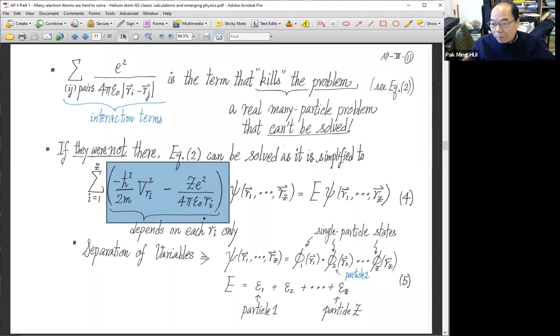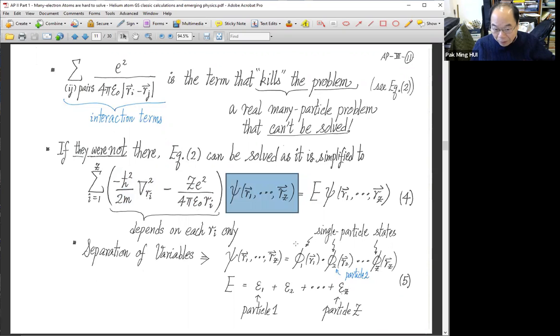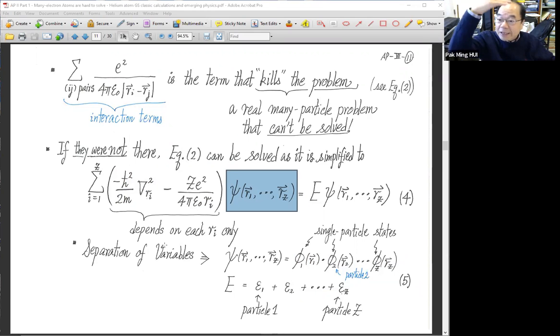Now, immediately you see, this is a Hamiltonian concerning R1 only, R2 only, or Ri only. This is a separable problem. Then you go through separation of variables. The wave function, write it as a product of single electron states. You substitute this into here, go through the argument of separation of variables, then you will end up with Z single electron Schrödinger equations.